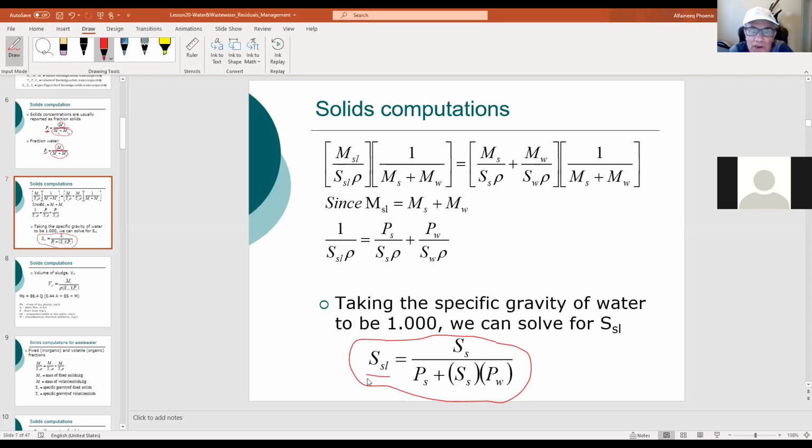It is the specific gravity of the sludge. So you have a formula for volumes. Now you have sludge. Be careful: if you want to figure out the specific gravity of the sludge, you need to figure out the specific gravity of the solids, percent of the solids, and percent of water in this formula.